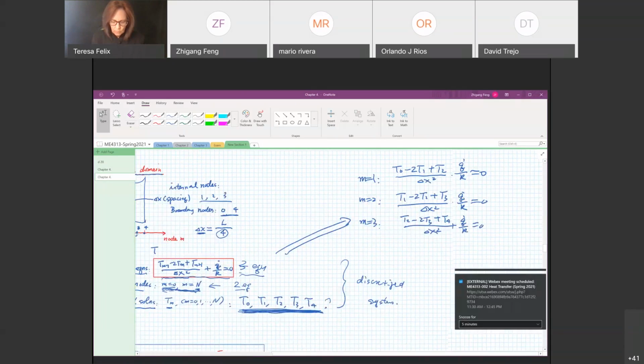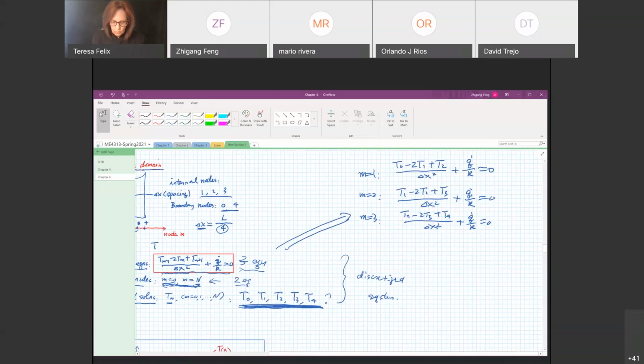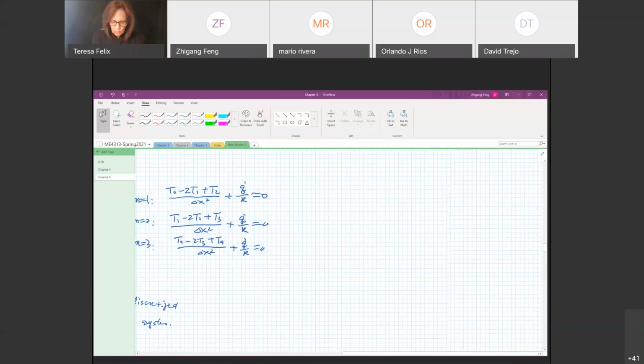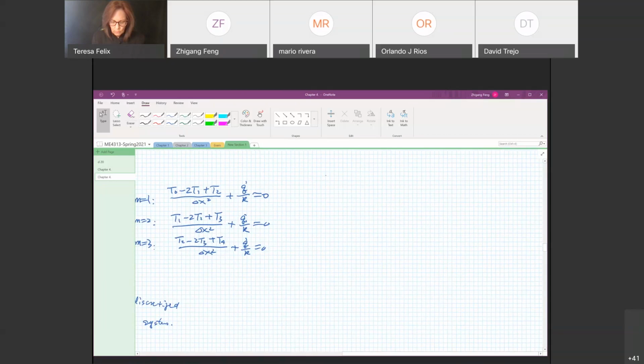And the boundary node depends on the boundary condition. So for the simplest boundary condition, let's make it simple. Let's say this temperature is T equal to, let's make up some number. Okay, so at this surface temperature is 100. At this surface temperature is 60.